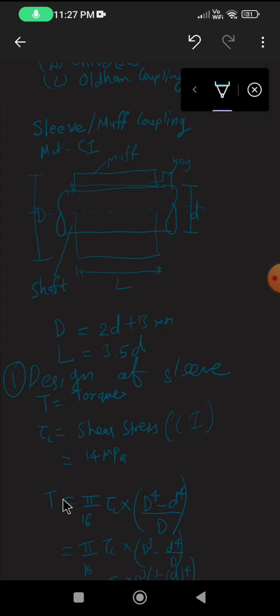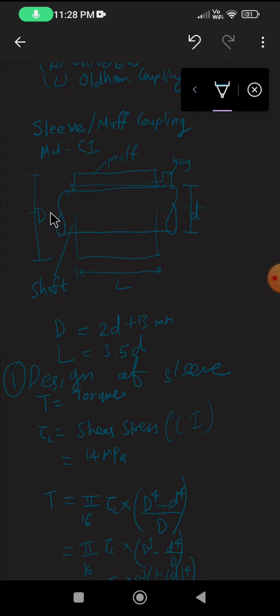Now torque T will be equal to pi by 16 into tau into D raised to 4 minus d raised to 4, divided by D. What diameter we are taking here is capital D, the diameter of the muff.